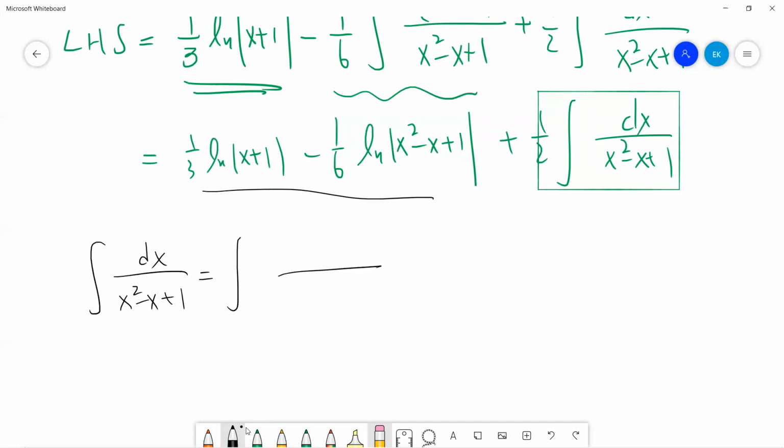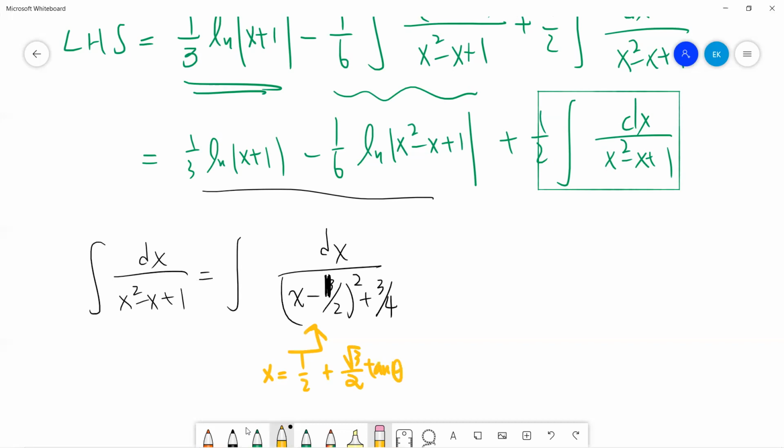Okay, so this should be easy. Let's just make a perfect square: it's x minus a half squared plus 3 divided by 4, dx. And that's simple. Just let x equal a half plus square root of 3 divided by 2 tangent theta. So you get 4 divided by 3 over secant squared, and then your dx will be square root of 3 over 2 secant squared theta d theta.